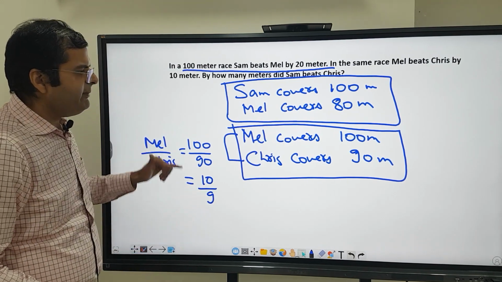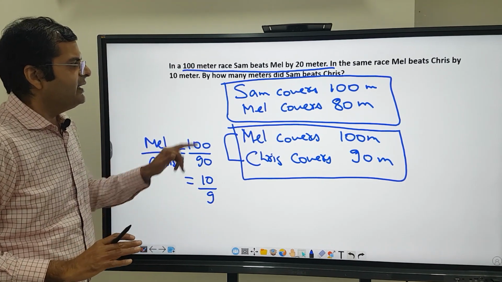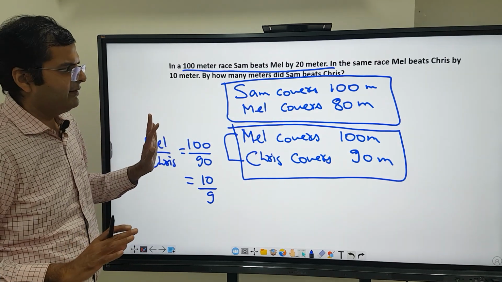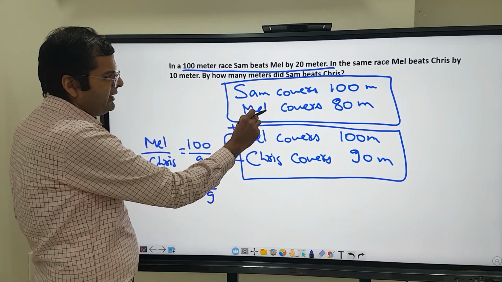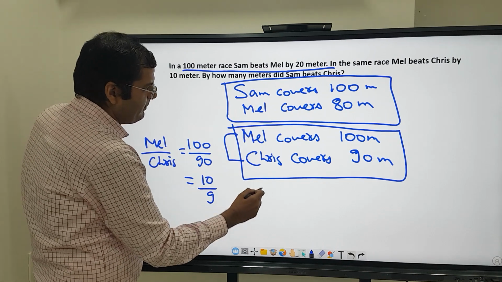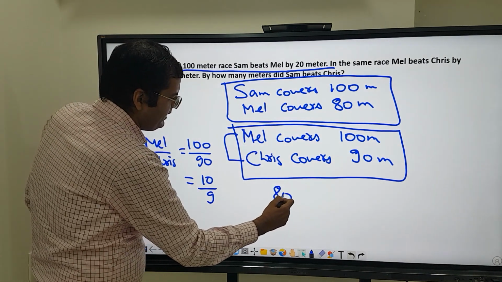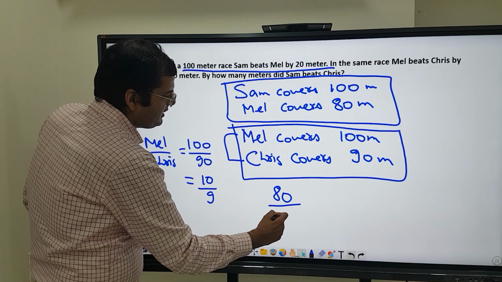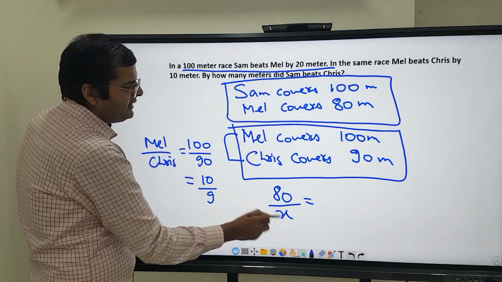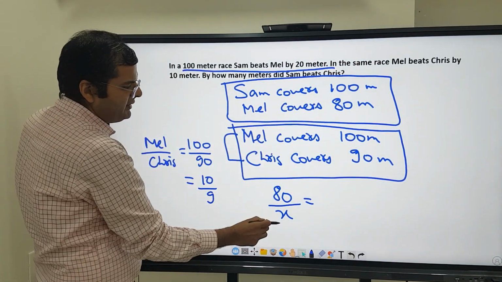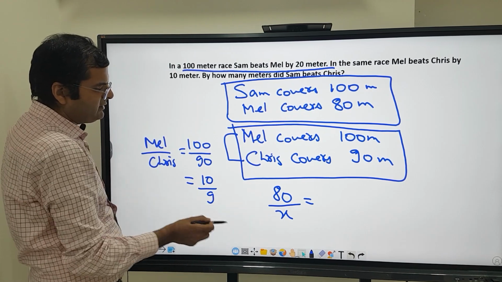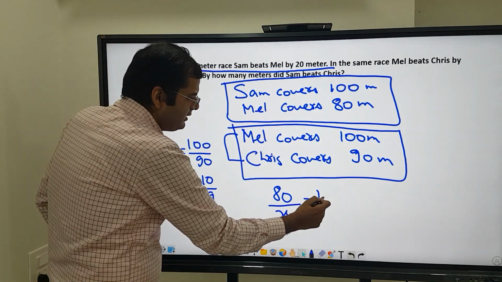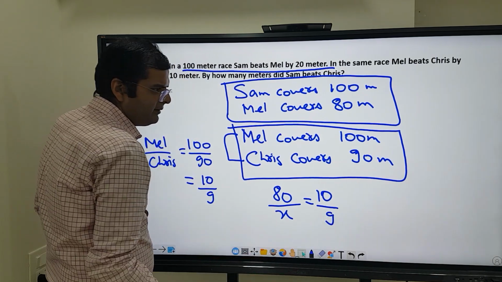So the ratio between Mel and Chris should be 10 by 9, even when Mel is covering 80 meters. So if the ratio is 10 by 9, when Mel covers 80 meters, Chris, let's say, covers x meters. So the ratio is 80 by x, and that should be equal to 10 by 9.